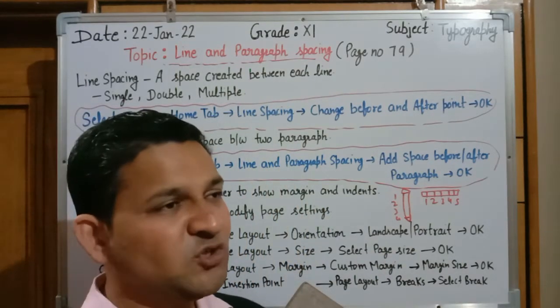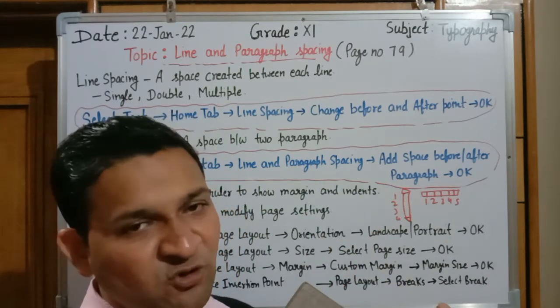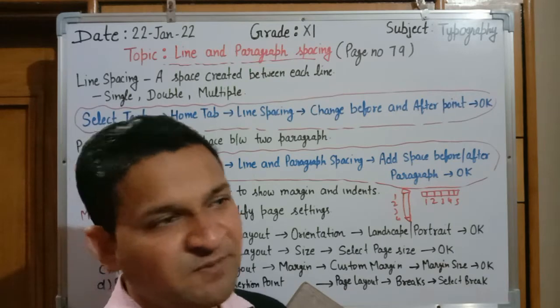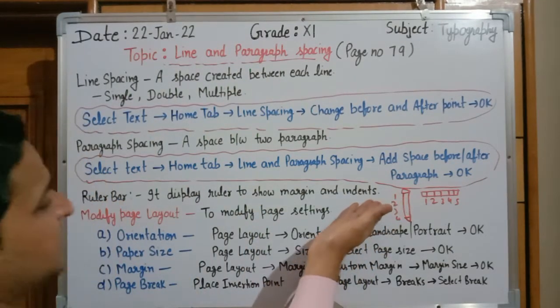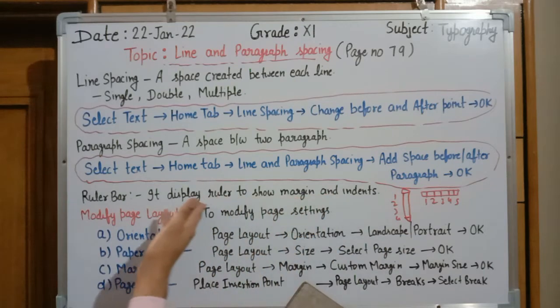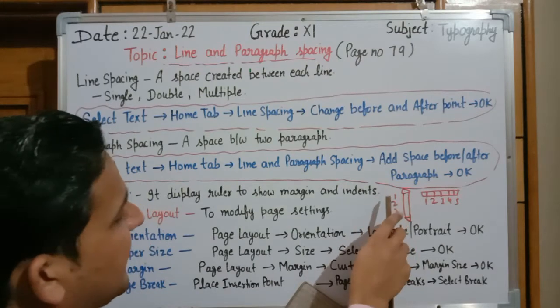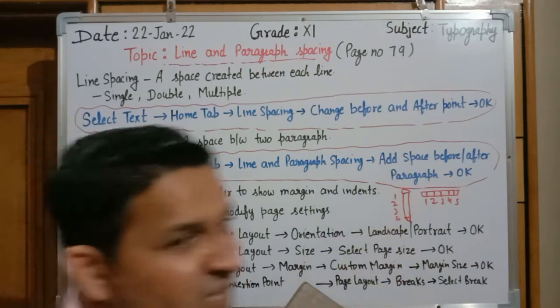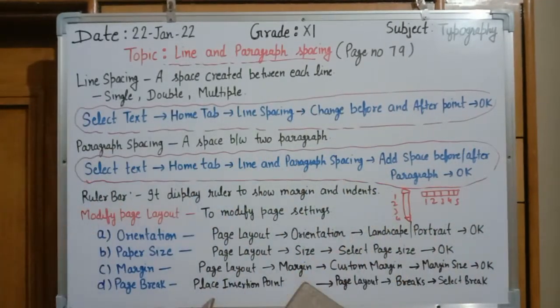It means suppose you have written a particular document, but after a specific text you want to move the rest to the next page. Like take this example, you want this part on the first page and the next part on the second page. So what will you do? You will bring your cursor to the position from where you want to split, and place the insertion point, that is the cursor.